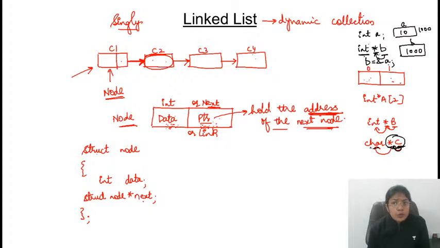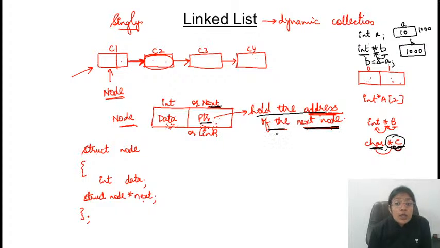Address of what? Can an address ever be of character type? No, an address is always an unsigned integer, right? So what is the meaning of this char star c? This simply means that c is going to hold the address of a character. Similarly here, what is the pointer next pointing to? It is going to hold the address of the next node.